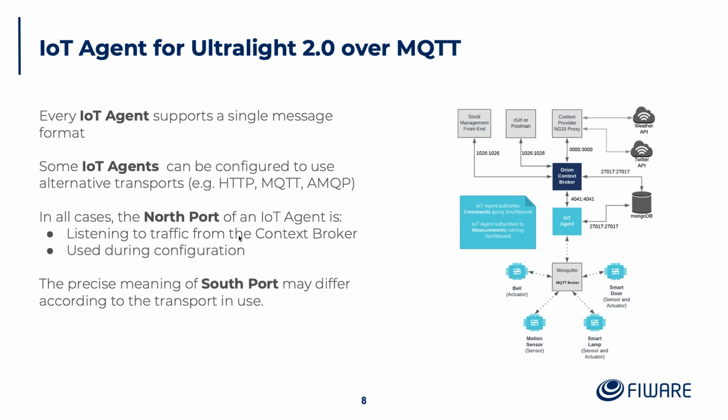It's listening to, in this particular case, MQTT topics, and therefore it is completely irrelevant to the context broker as to which system you're using. The context broker is purely receiving NGSI information, whereas down at the bottom you could be doing whichever transport and whichever format you're talking about.